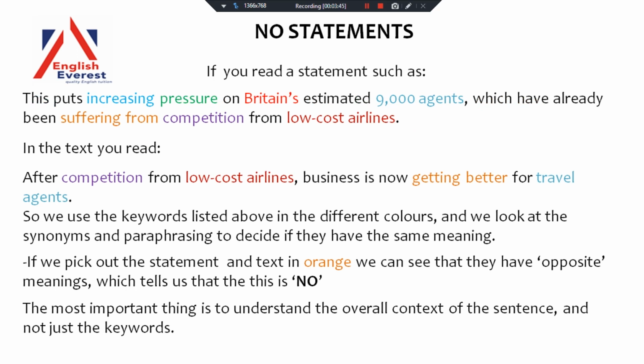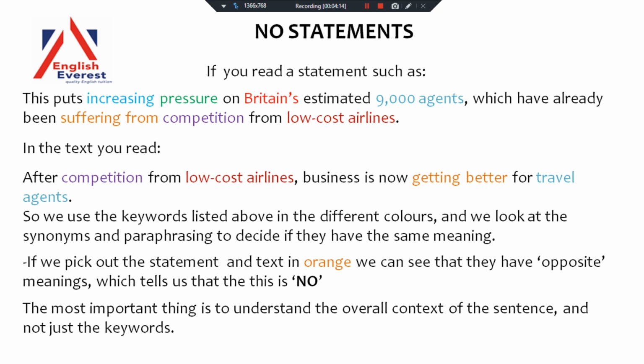The sentence here we're using is: this puts increasing pressure on Britain's 9,000 agents, which have already been suffering from competition from low-cost airlines. If you read in the text, after competition from low-cost airlines, business is now getting better for travel agents.